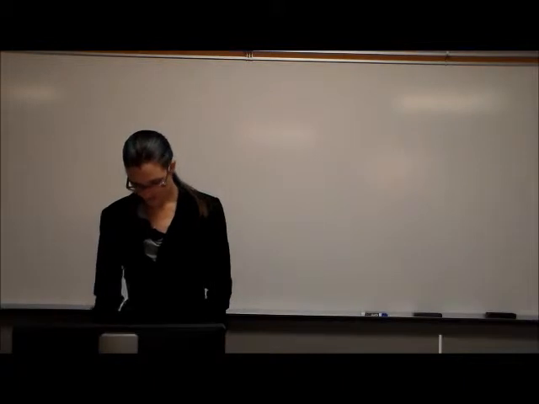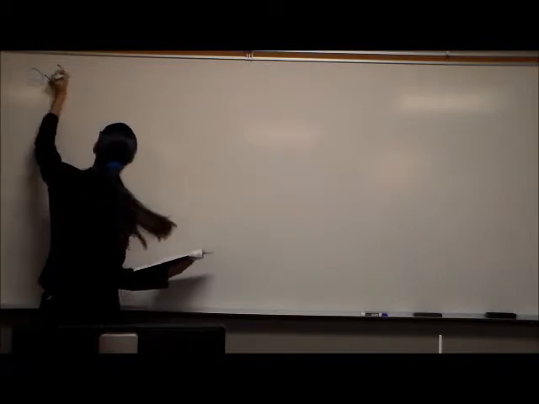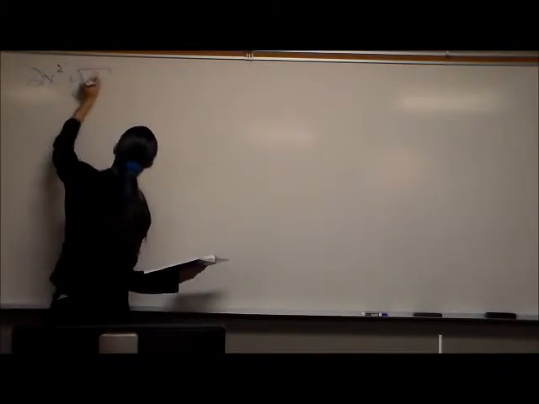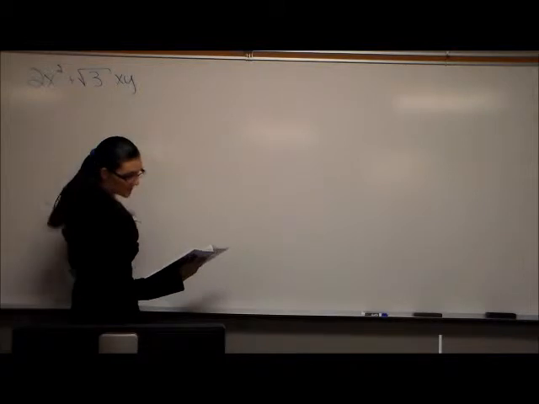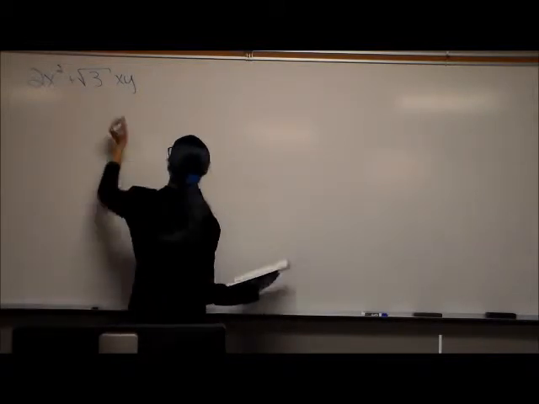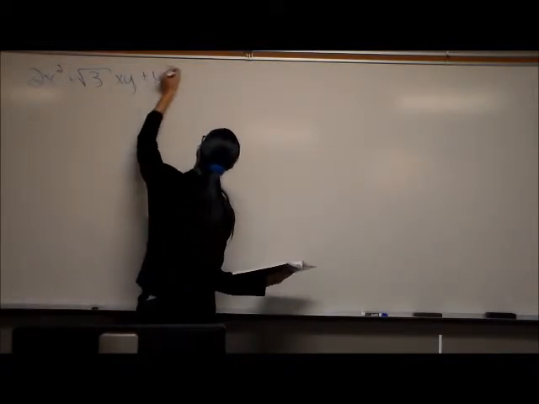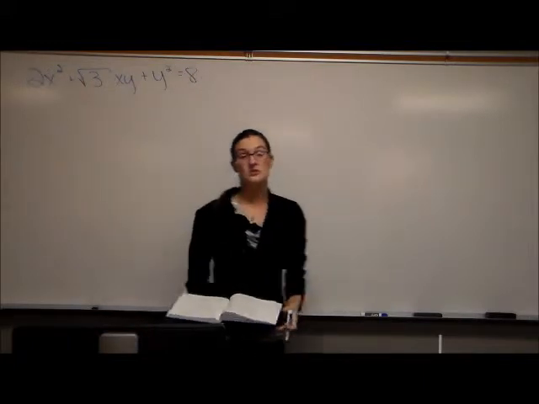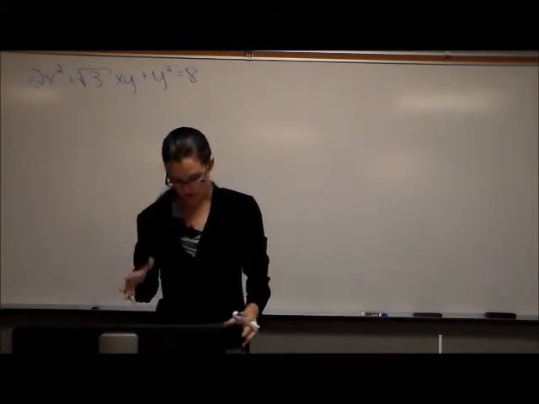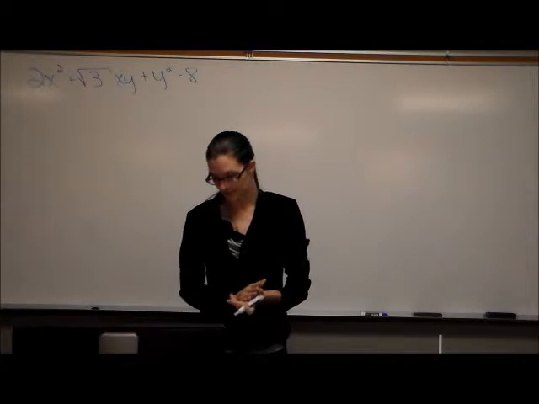So our equation, 2x squared plus the square root of 3 xy plus y squared equals 8. And there's a lot of work to simplifying it before you can just get the x and y out of it.